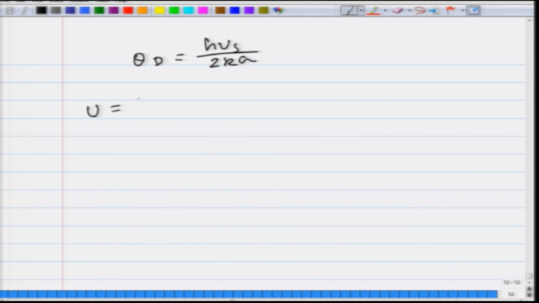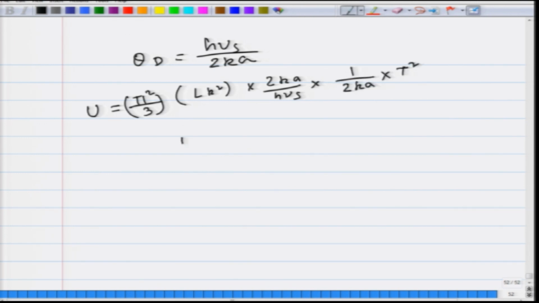So U will be given as pi square by 3 into L k square into 2 k a by h Vs, I am just forming it like that, into t square. By substituting everything, we will get pi square by 3 L k 2 a t square 1 by theta d.